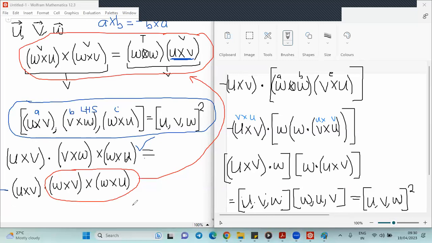Looking at going back to the question, what we have on the question is W cross U cross W cross V. But what we have here is W cross V cross W cross U. So, as you said, cross product is not commutative. So are we not going to still need to change it back to negative again? I understand your question. Exactly. Because we have W cross V here and W cross U, whereas it's supposed to be W cross U cross W cross V.